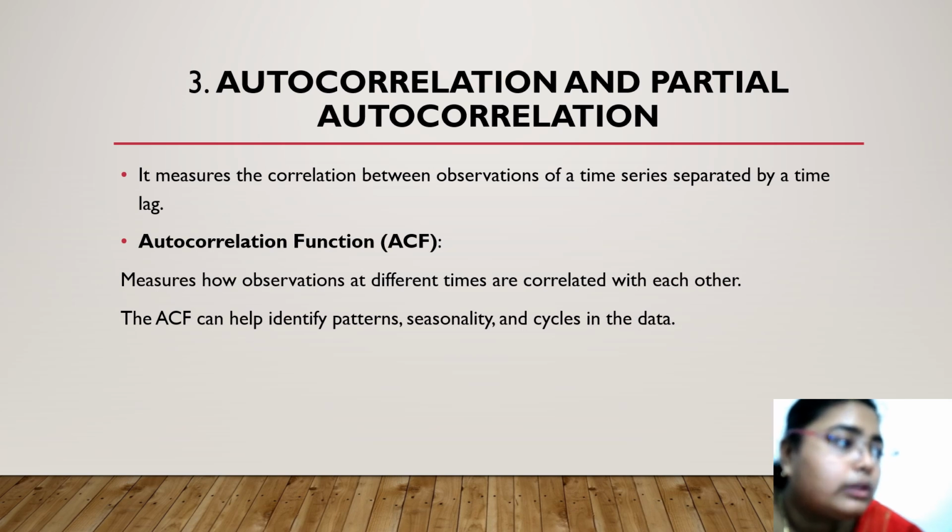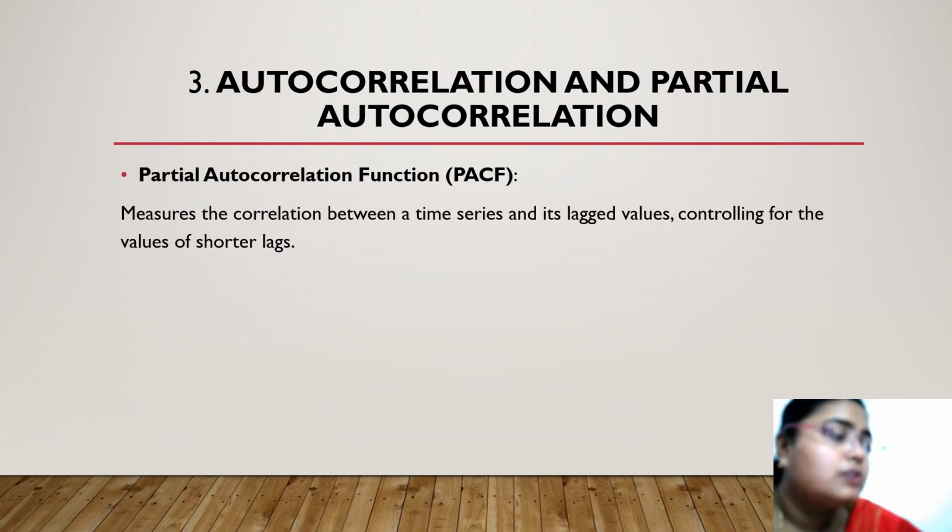Next is the autocorrelation function. What is this autocorrelation function? It measures how observations at different times are correlated with each other. So this ACF, or autocorrelation function, is very helpful for identifying seasonality, cycles, patterns, etc. So next is the partial autocorrelation function, PACF.